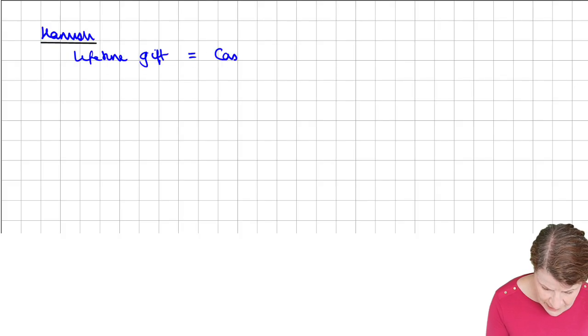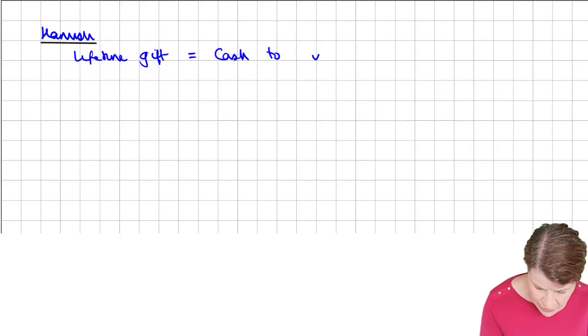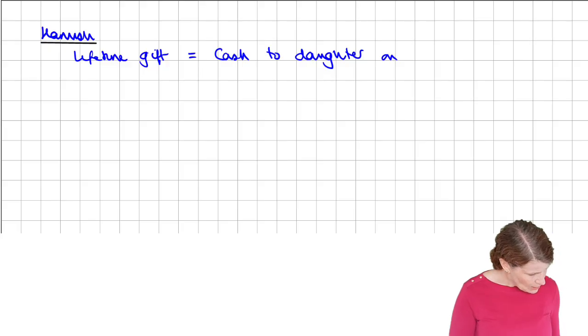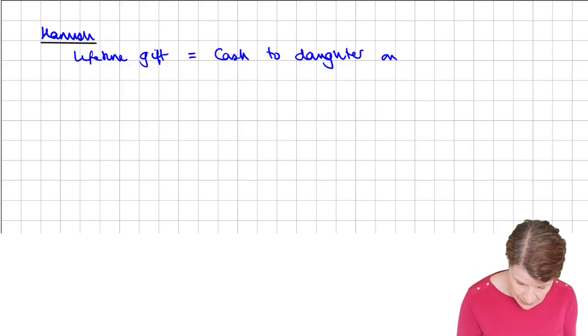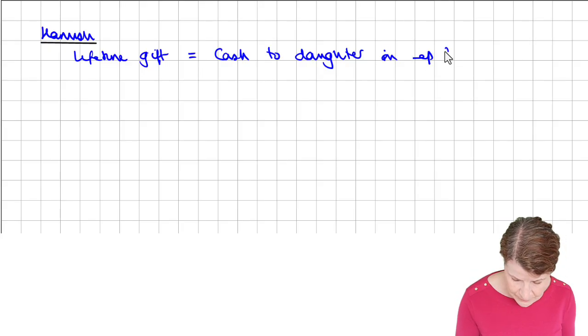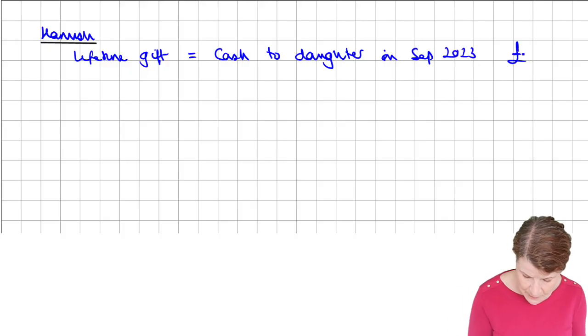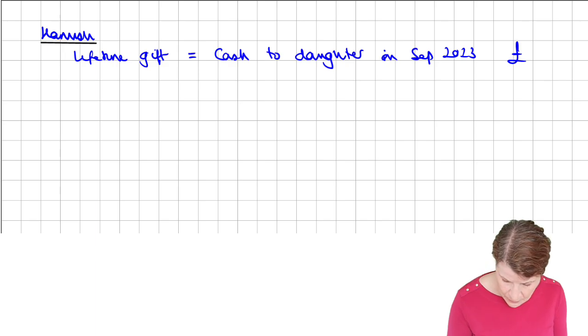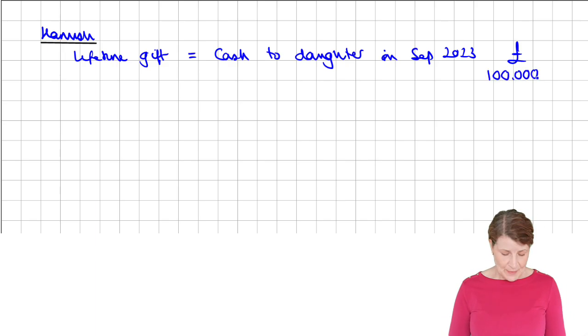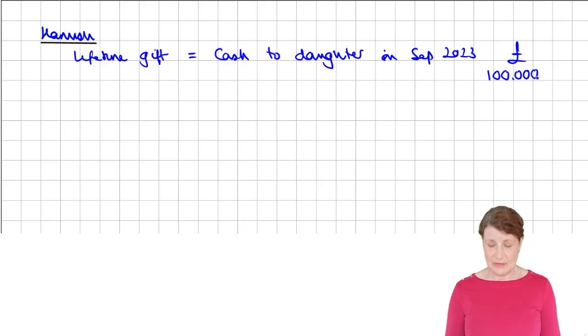So our lifetime gift: cash to the daughter in September 2023, and that was £100,000. Now, back when Hamish was alive and he made the gift, we would have been able to claim the marriage exemption.